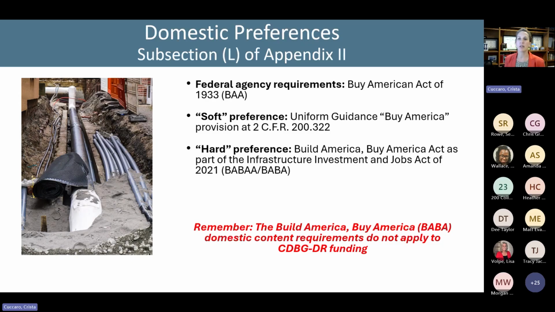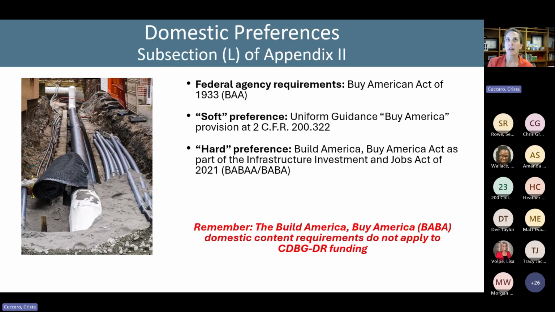So what we're left with is the soft preference that we find under the Uniform Guidance. It's called a soft preference because it's language that encourages the use of domestically produced materials, as opposed to the hard requirements of BABA. So it's a should, it's an encouragement.